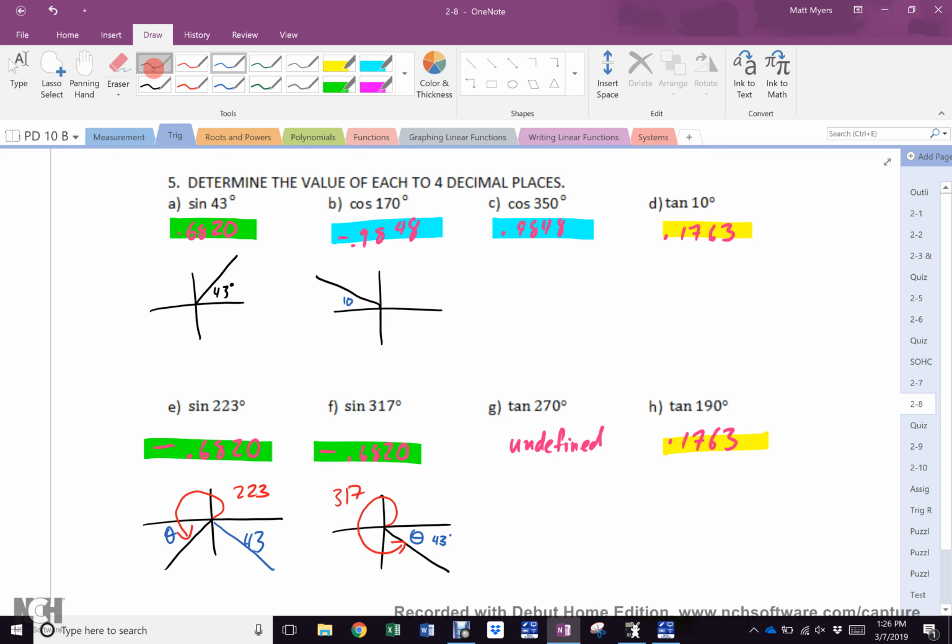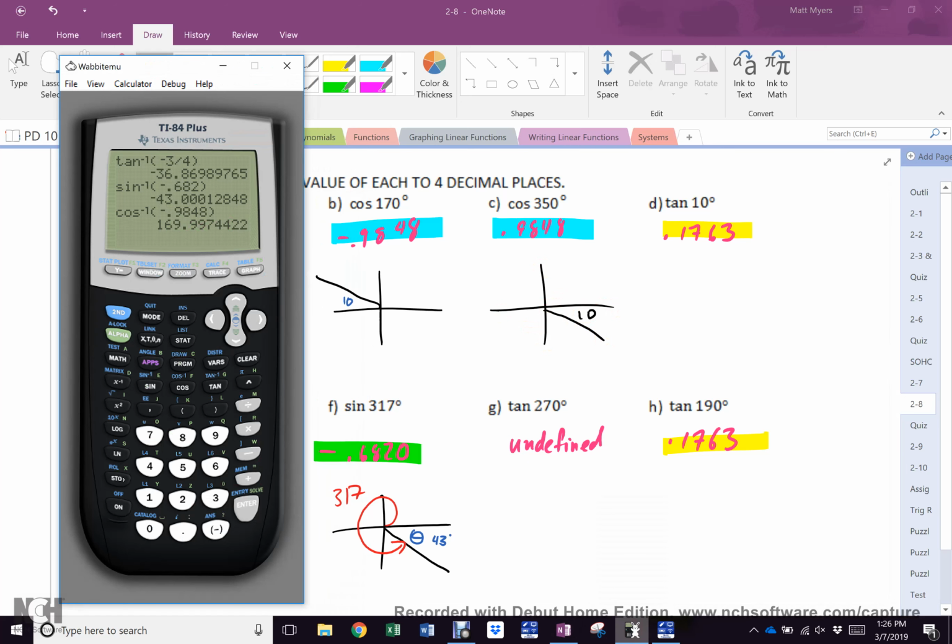Now, where's 350? Over here. What's the reference angle? 10. Okay, so what's going to happen, do you think, when you do shift cos positive 0.9848? 10.